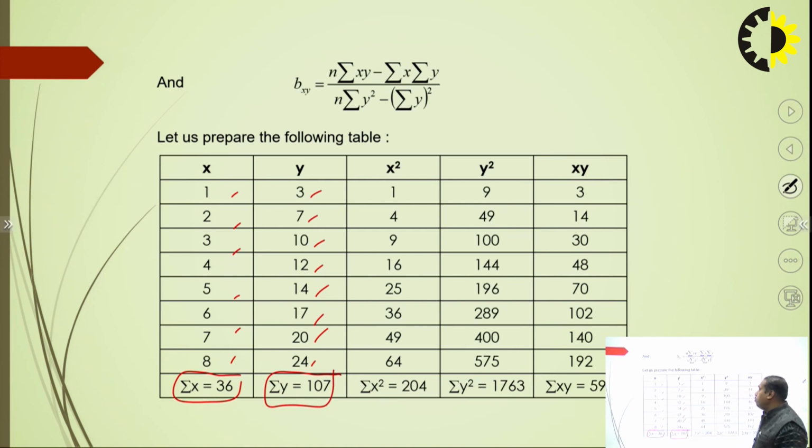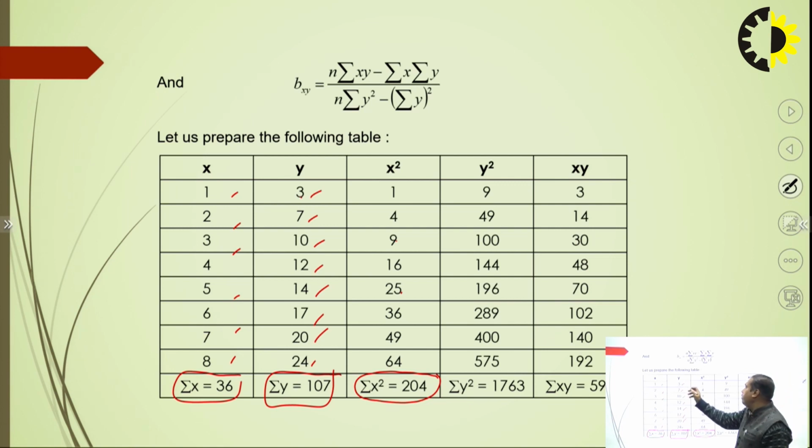Now we have to find the value of x square. 1 square is 1, 2 square is 4, 3 square 9, 4 square 16, 5 square 25, 6 square 36, 7 square 49, 8 square 64. Therefore summation x square is equal to 204.